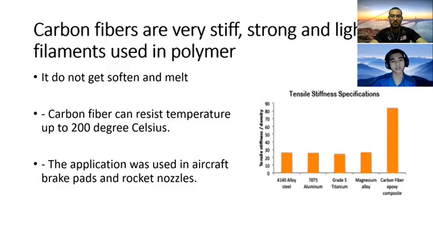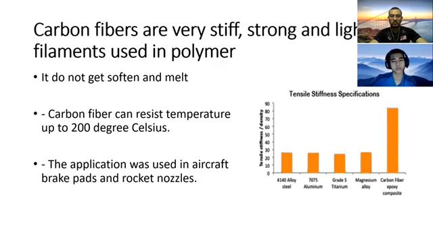Jumping into our first main point, carbon fiber is a very stiff, strong, and light filament used in polymer. What that means is it will not get softened easily and melt. The great thing about this material is it can resist temperatures up to 200 degrees Celsius.